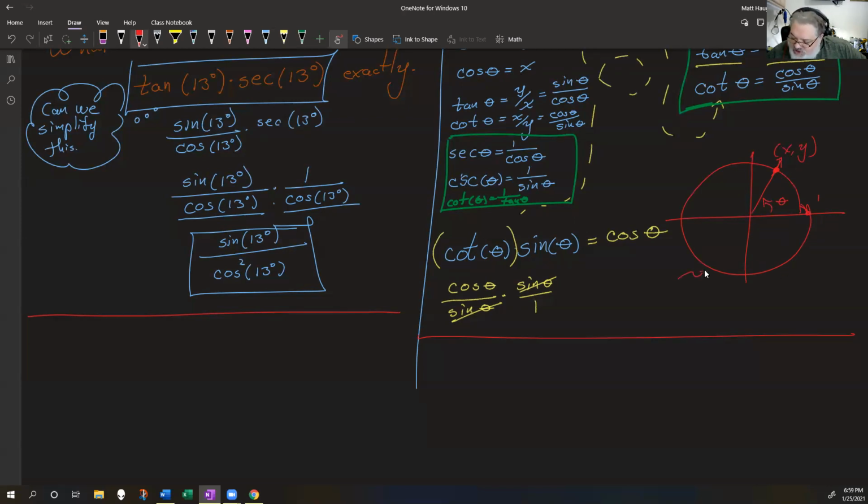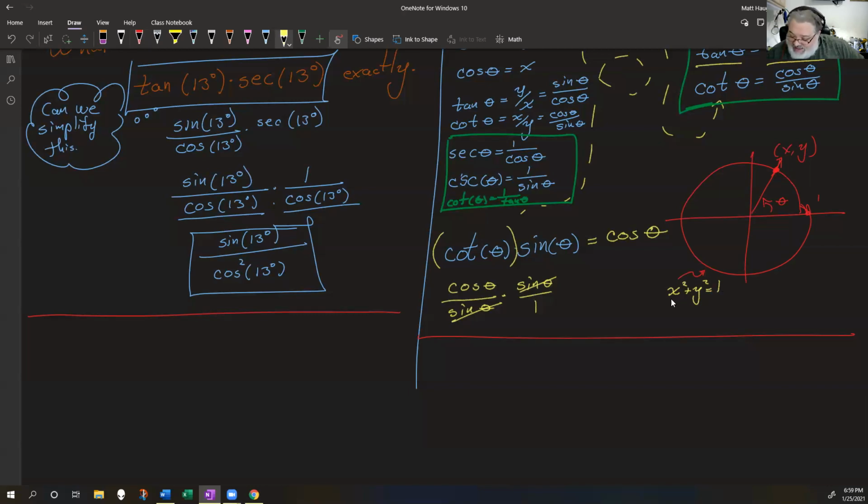The equation of that circle is X squared plus Y squared equals 1. That's our Pythagorean theorem holding. For every point on that circle, the square of the X plus the square of the Y should equal the square of 1.